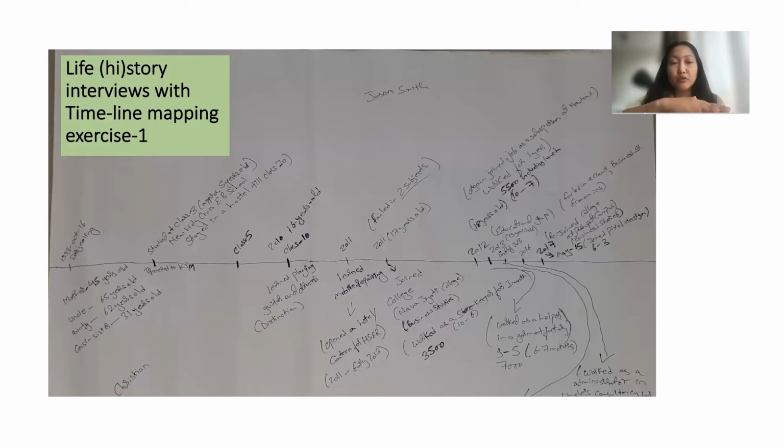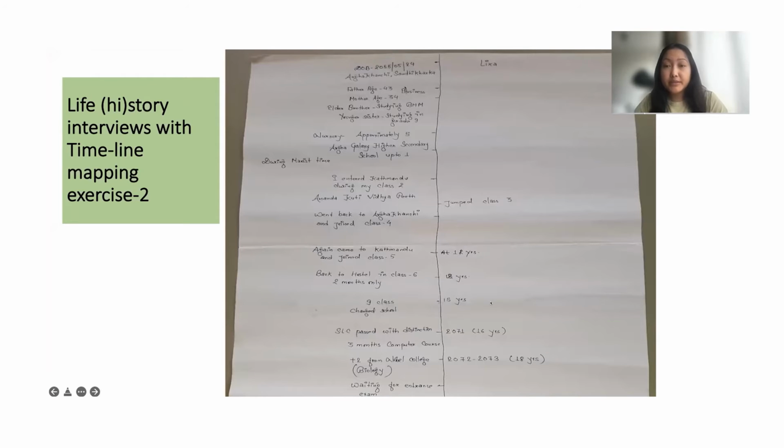This sort of timeline mapping, where the participant provides information in a horizontal manner, is called the horizontal timeline mapping exercise. The second one is list-like. It's a vertical form of timeline mapping exercise, where they provide information in a list format. So they just list out their information.